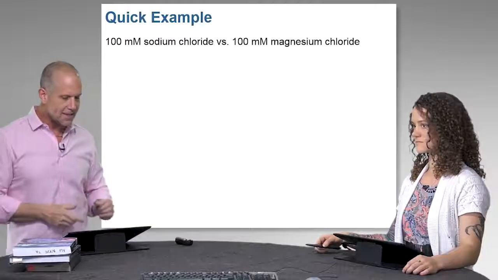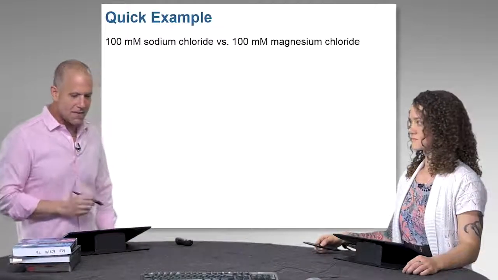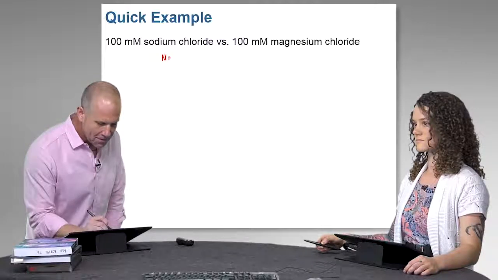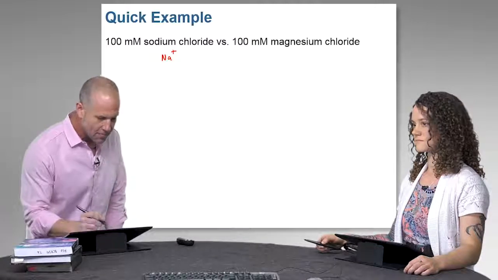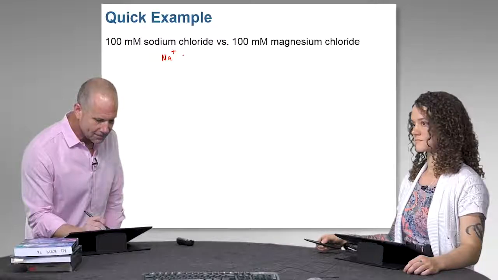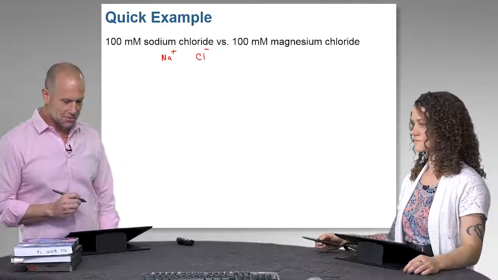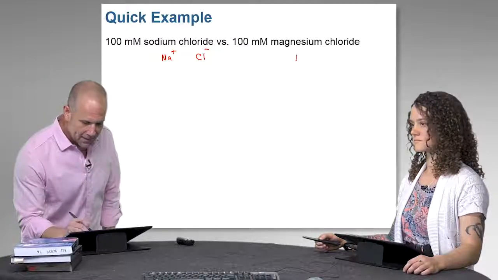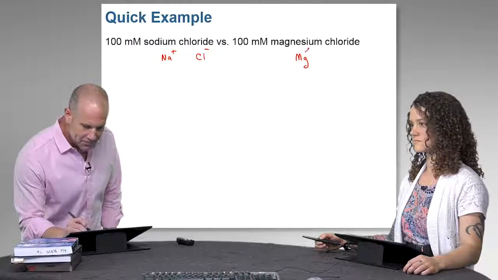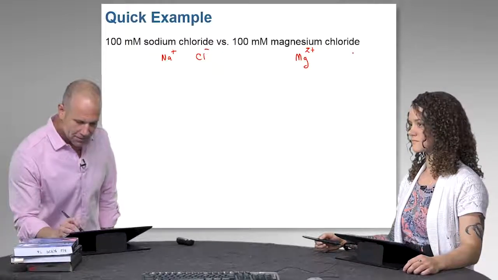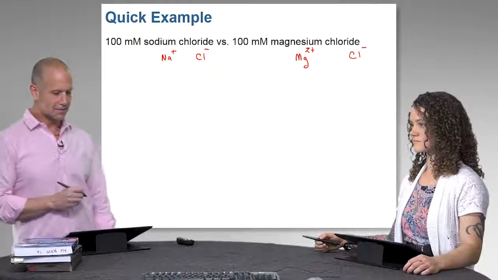When I see this, what I immediately remember is, okay, sodium chloride. From freshman chemistry, I remember that's going to be sodium plus ions in solution and chlorine minus ions in solution. And this is going to be magnesium 2+ ions in solution and chlorine minus ions in solution.